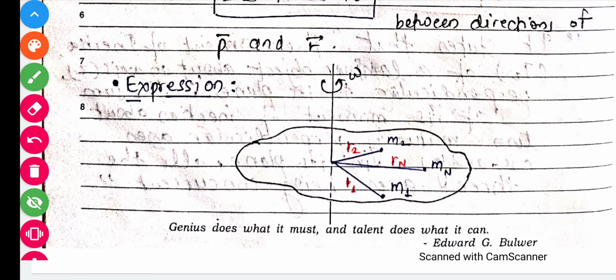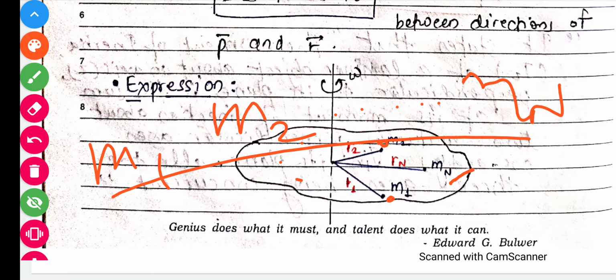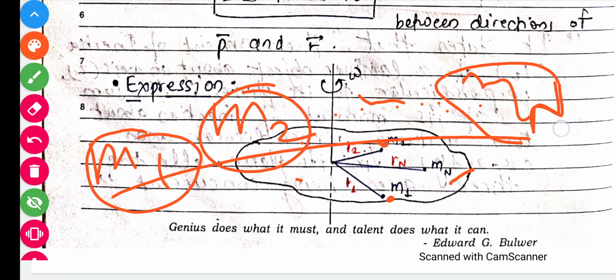So we are showing here particle 1, particle 2, and so on up to the nth particle. We have m1, m2, up to mn. This means these n particles have masses m1, m2, m3, and so on up to mn.